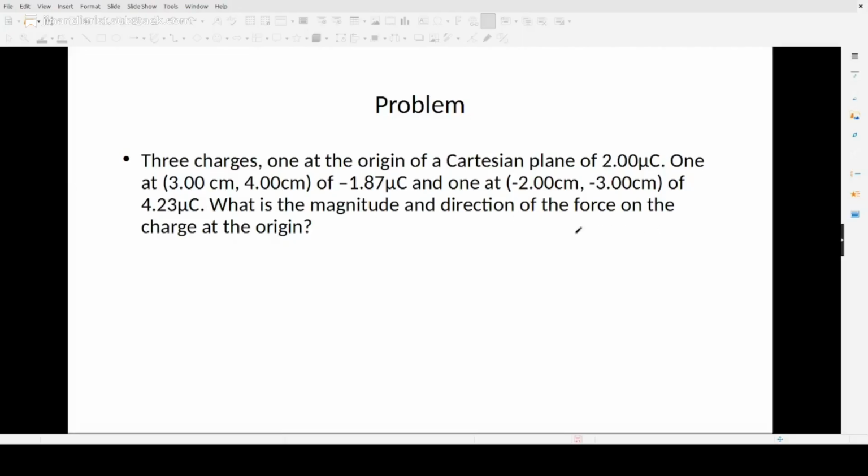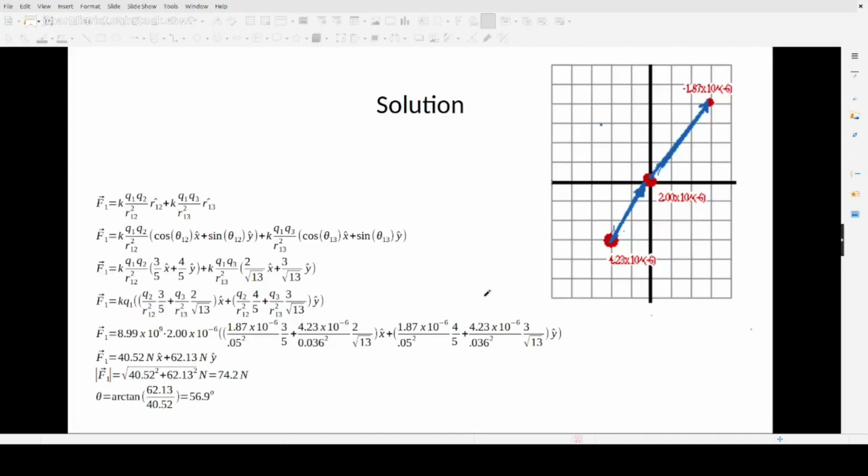What's the magnitude and direction of the force on the charge at the origin? How are we going to set that up?